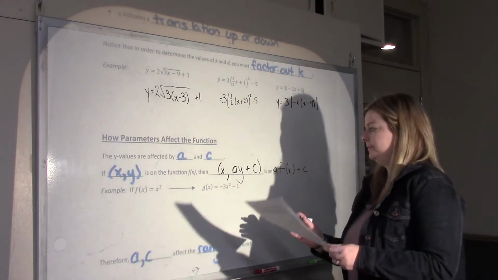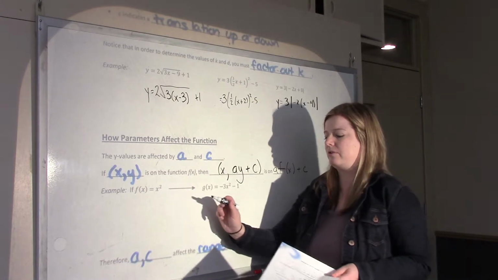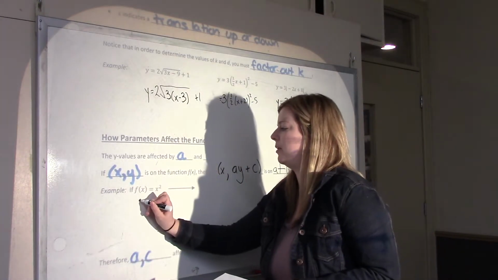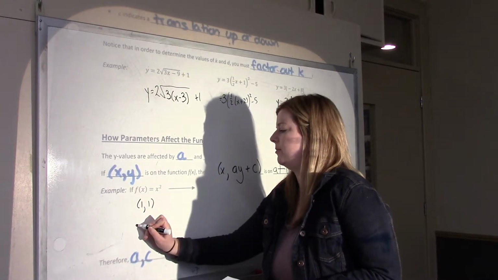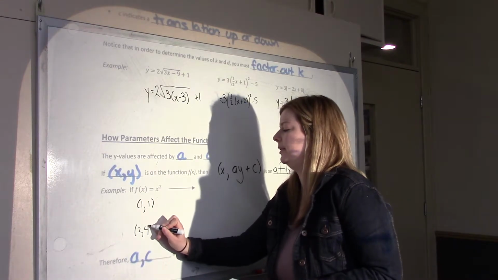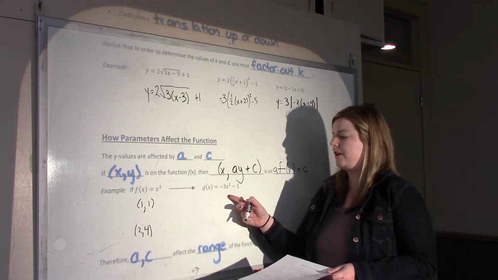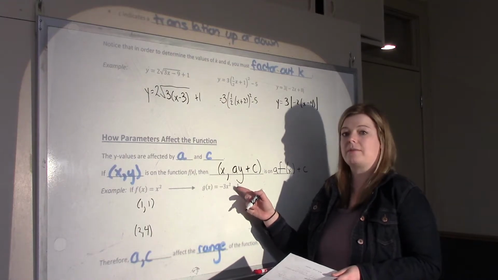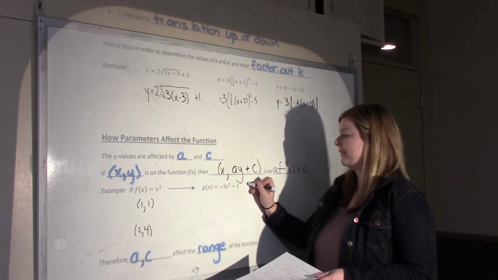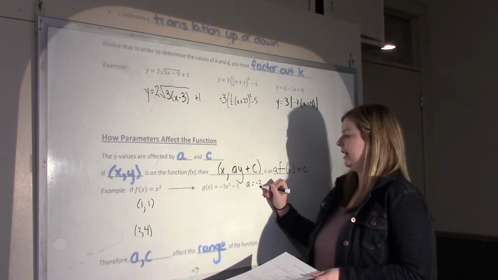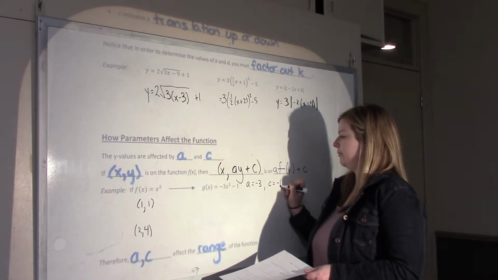So for example, if we have x squared as our first function, we might have the point 1, 1, also the point 2, 4, and we know that our new function here is negative 3x squared minus 1. Well, first we can identify that a is equal to -3 and c is equal to -1.